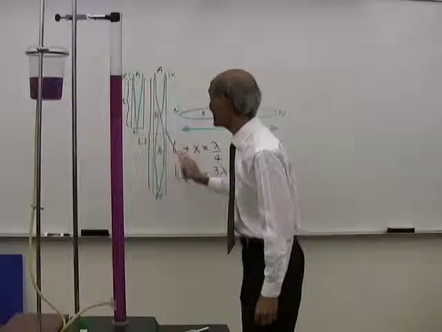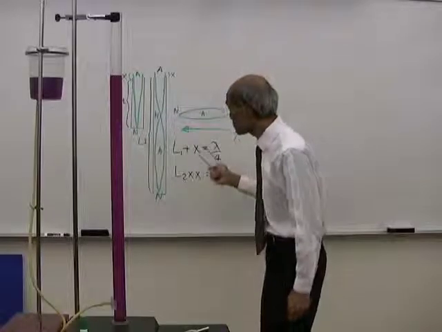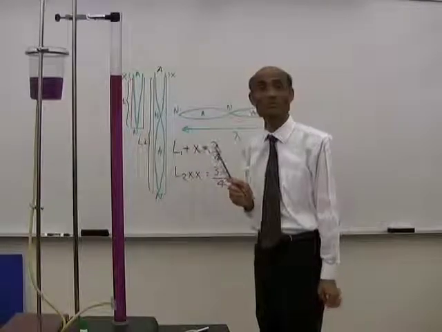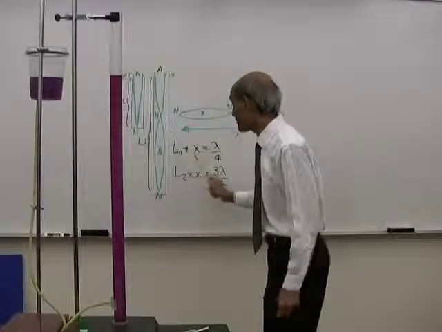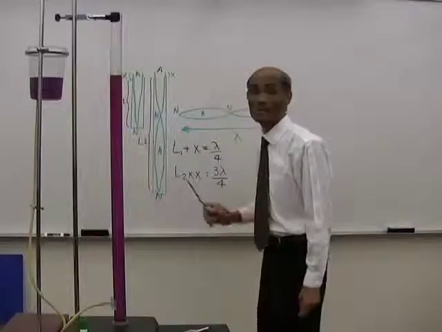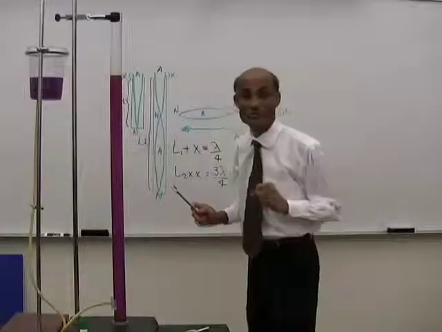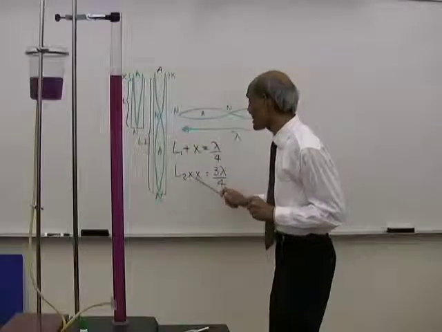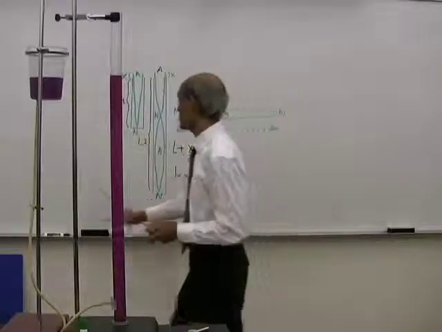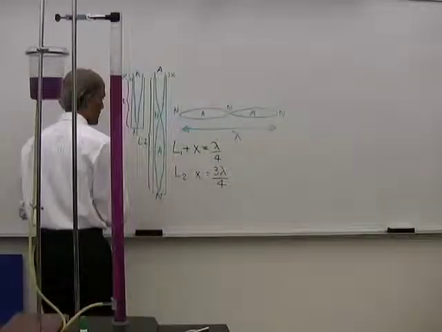Actually this is called the end correction, and I want you to determine the value of that end correction. Okay, so L1 plus x equal to lambda by 4, that is the equation when you hear the first resonance. And for the second resonance, the equation is L2 plus x equal to 3 lambda by 4. Must be L2 plus x.